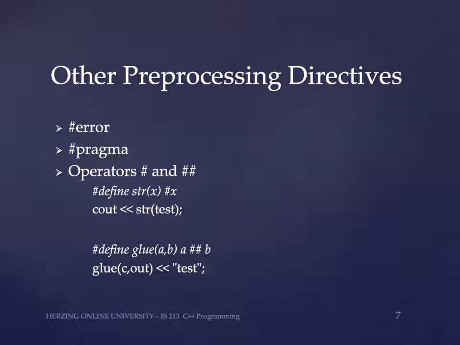So if you have #define str(x) #x, then cout << str(test) would be translated to cout << "test". Same thing with the operator ##. It concatenates two arguments, leaving no blank spaces between them. So if you define glue with the parameters a and b, with the double pound operator in between them, this would also be translated into cout << test.